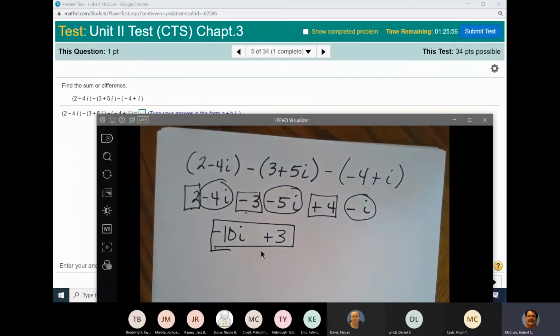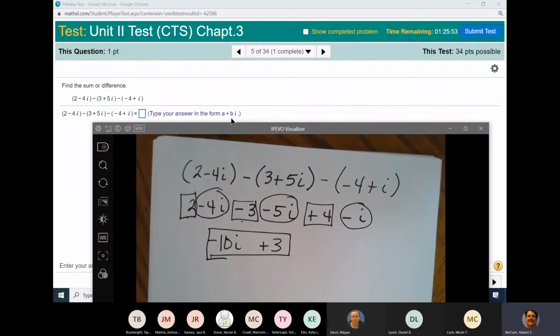It should be, and they want it in the form 3 minus 10i.